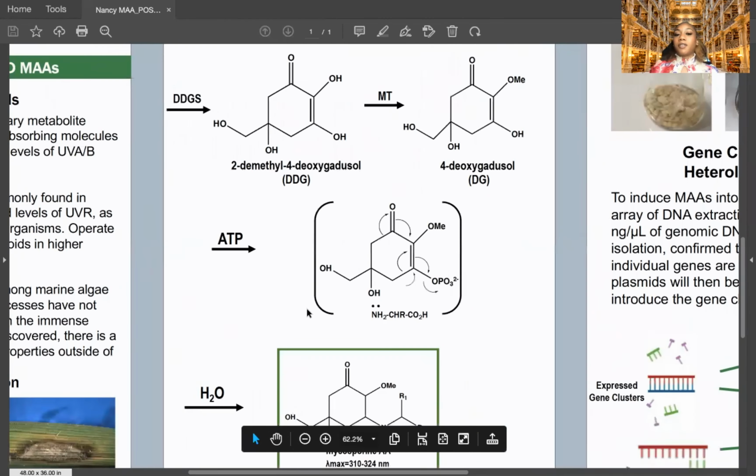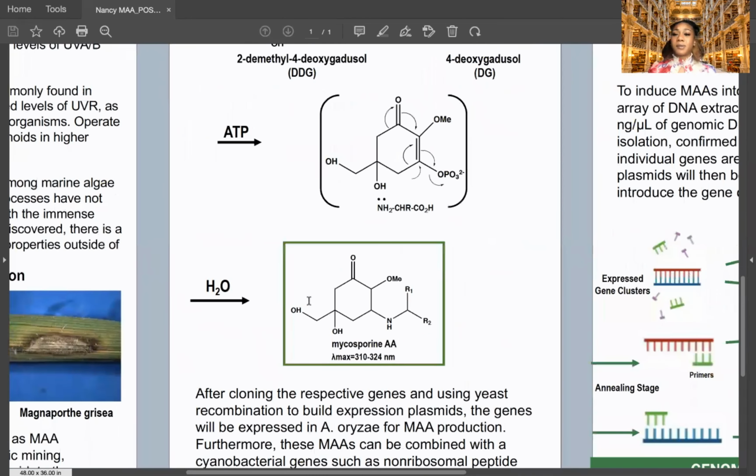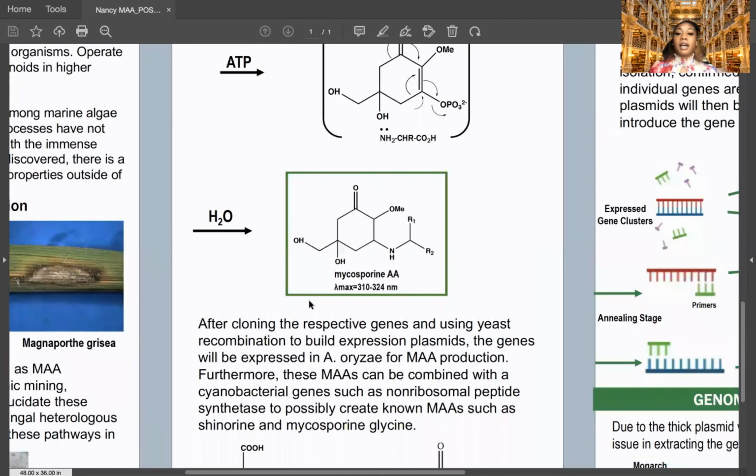After it goes through all of the processes of creating our mycosporine-like amino acid, which has an absorbance of around 310 to 324 nanometers, we will then use yeast recombination to build our expression plasmids and express this gene in Aspergillus oryzae for MAA production.